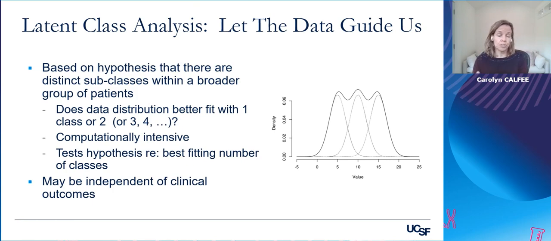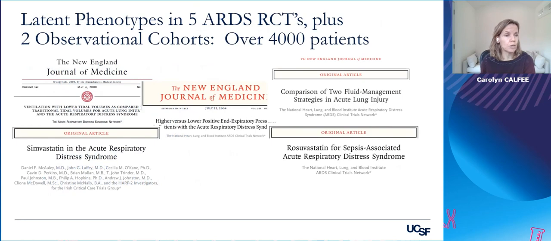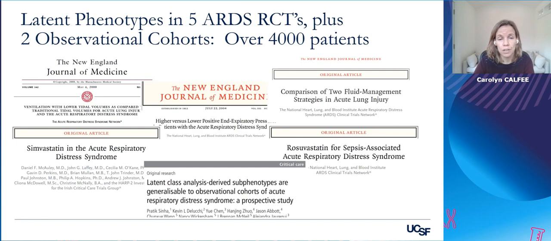This approach can be applied to data completely independent of clinical outcomes, for instance, clinical and biomarker data at the onset of enrollment in a clinical trial or observational study. That's how our group has taken this approach into ARDS, looking at clinical and biomarker data, biomarkers of inflammation and injury, in 5 randomized controlled trials, plus 2 observational cohorts, totaling now over 4,000 patients.